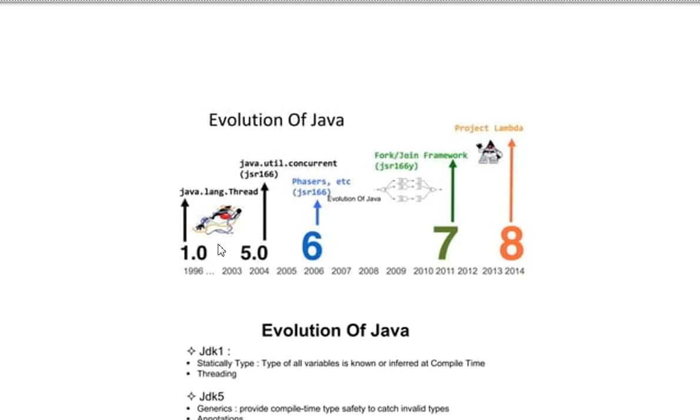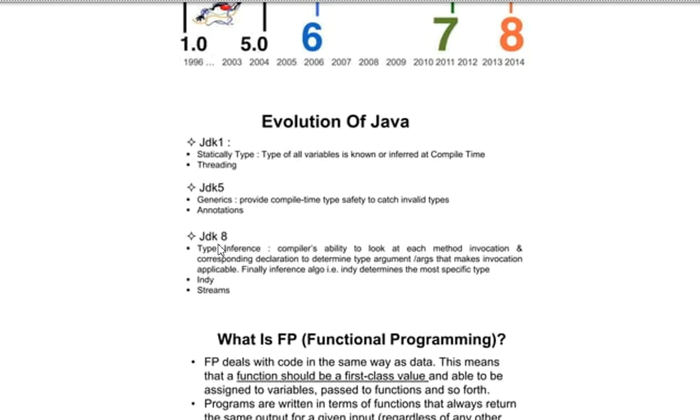Coming to Java 8, it's also known as Project Lambda. In Java 8, these are the features we mentioned above. So this is how Java evolved.